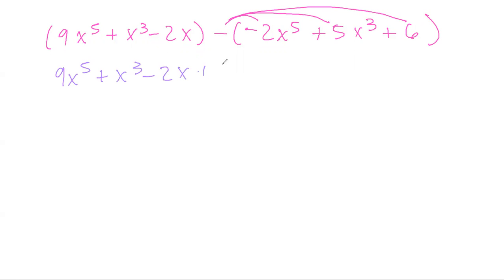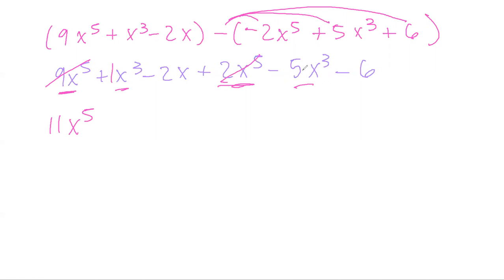And I get plus 2x to the 5th minus 5x cubed, and then minus 6. And then combining like terms, 9x to the 5th plus 2x to the 5th, I get 11x to the 5th. And then the next highest x cubed minus 5x cubed, so that's 1 minus 5, so that's negative 4x cubed. Drop down the negative 2x, and likewise with the minus 6, that drops down too.